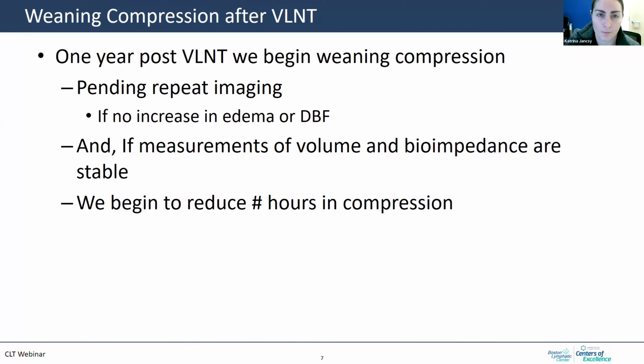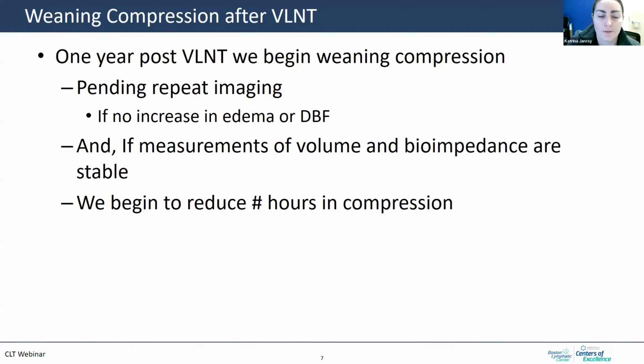Yeah, I think just to echo what Kathy said, our exam with the bioimpedance and volume definitely can help guide us. And I think the imaging just helps make us feel more confident in our thoughts from our evaluation or our follow-up visits. So it's just nice to have that extra support and to feel validated in your decision making.